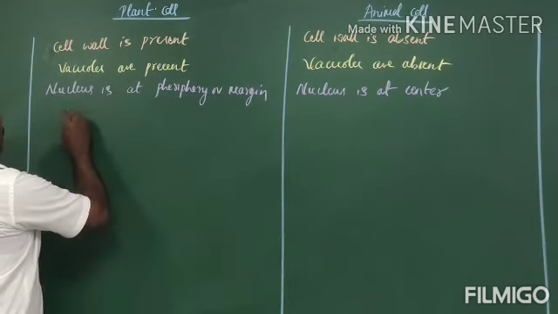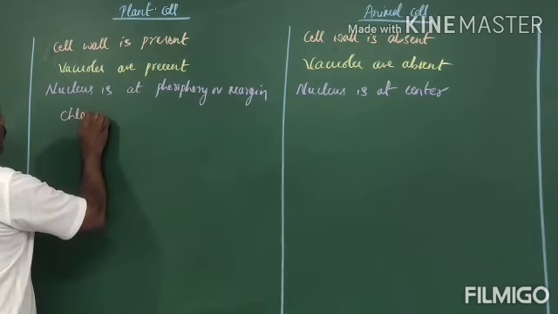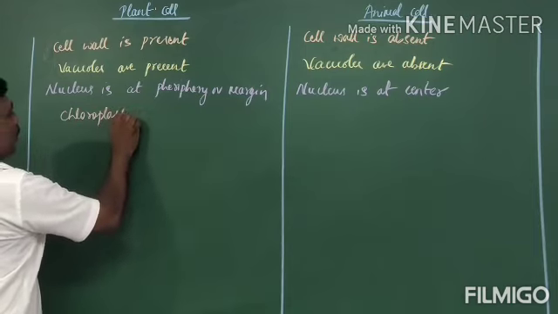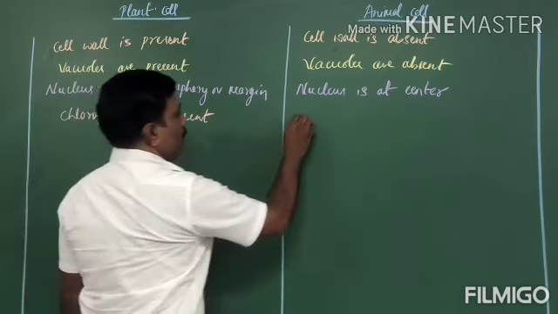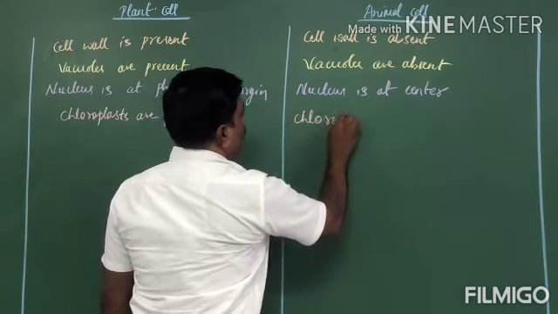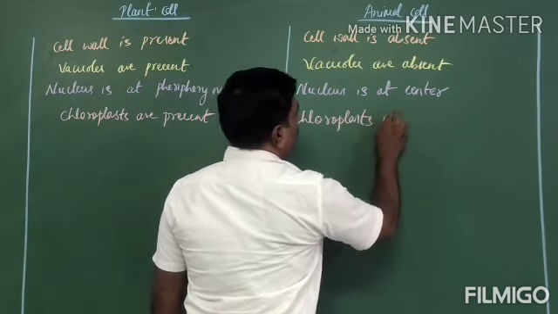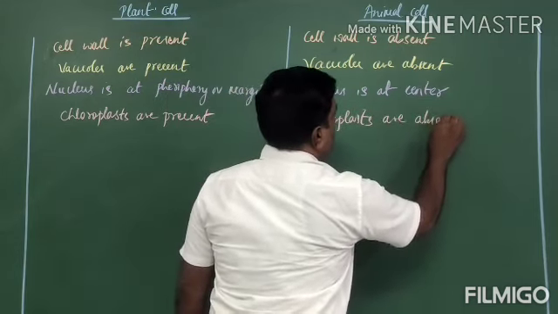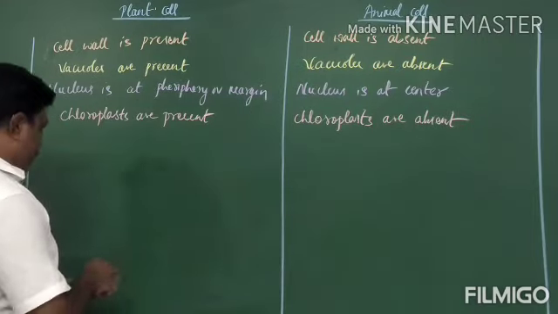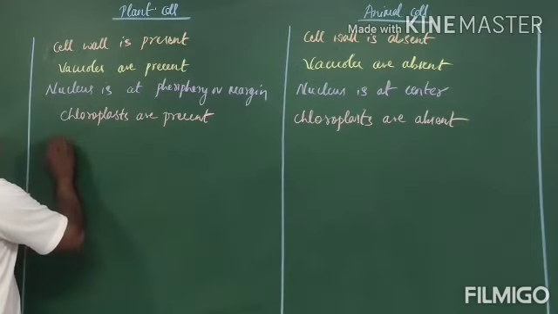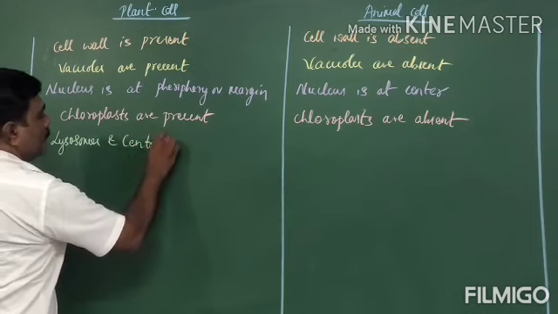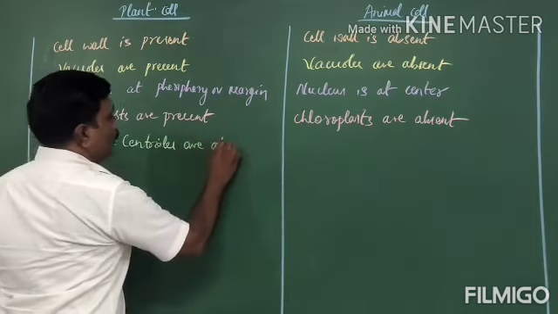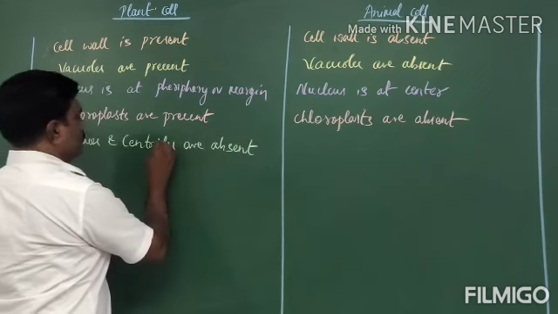Then chloroplasts are present in plant cells, whereas chloroplasts are absent in animal cells. Then lysosomes and centrioles are absent in plant cells.